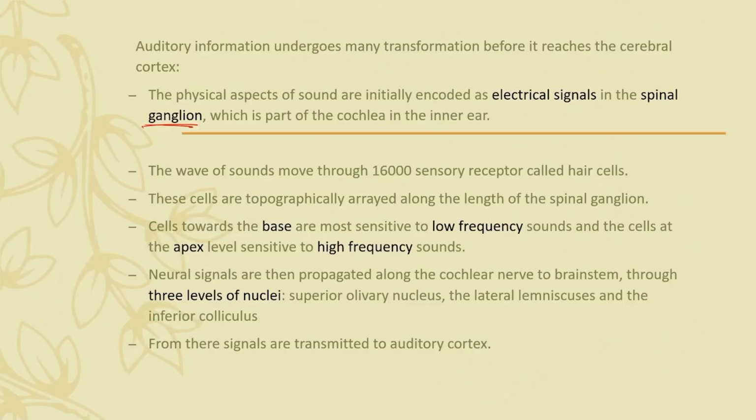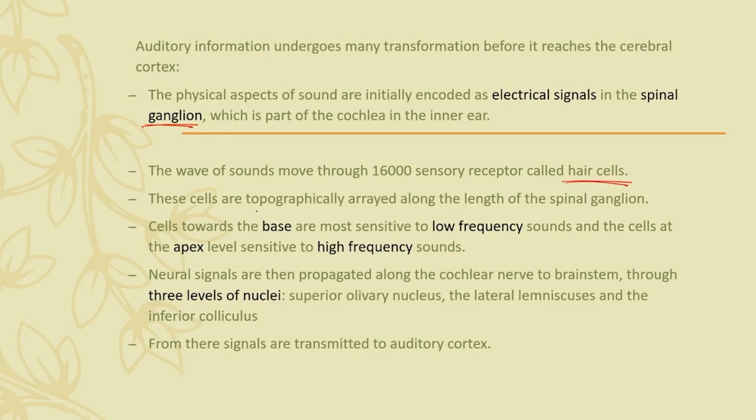Now, this wave of sounds that has been taken in through the ears, in the form of electrical signals, will move through thousands, in fact 16,000, sensory receptors, which are called hair cells. The wave travels through the hair cells and then goes a long winding way.